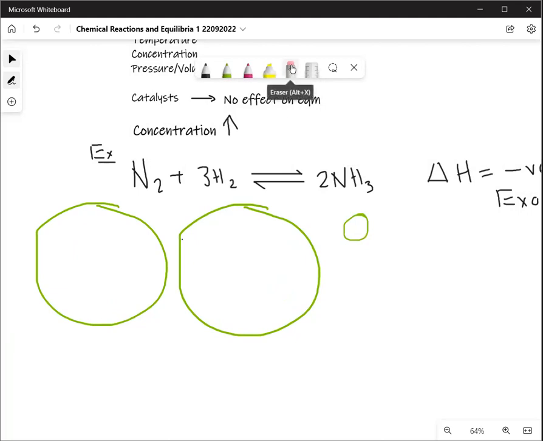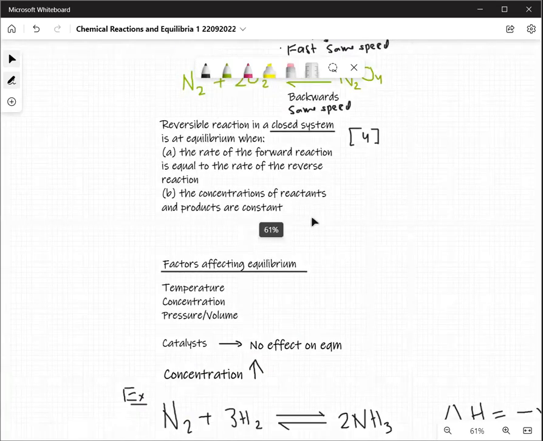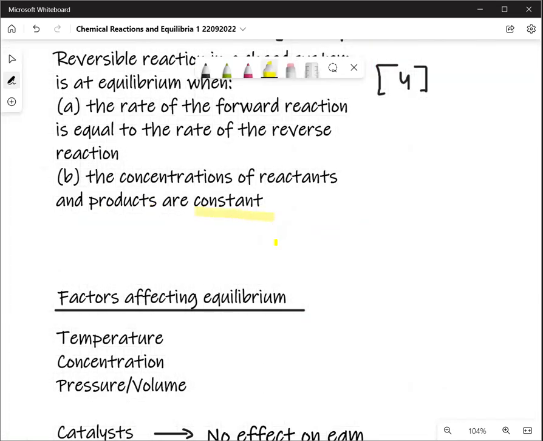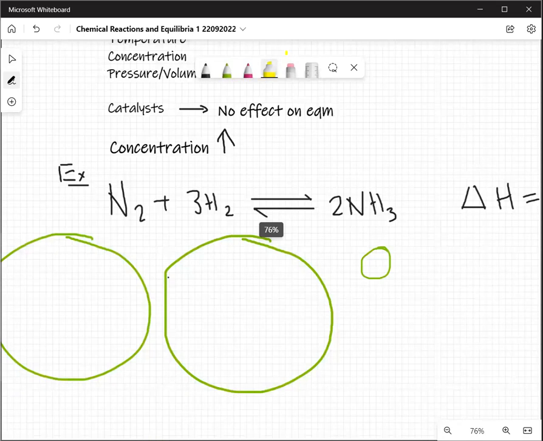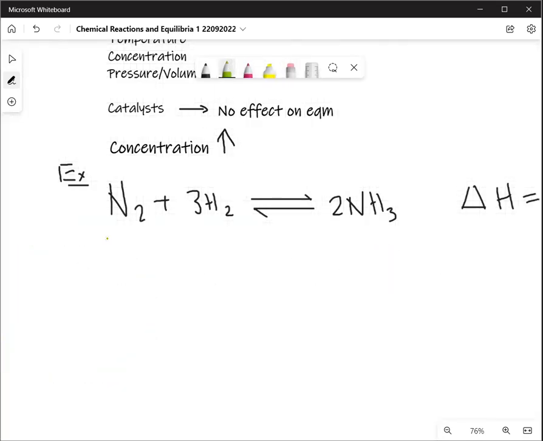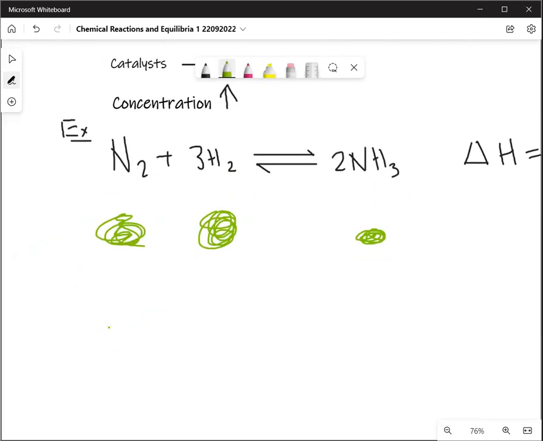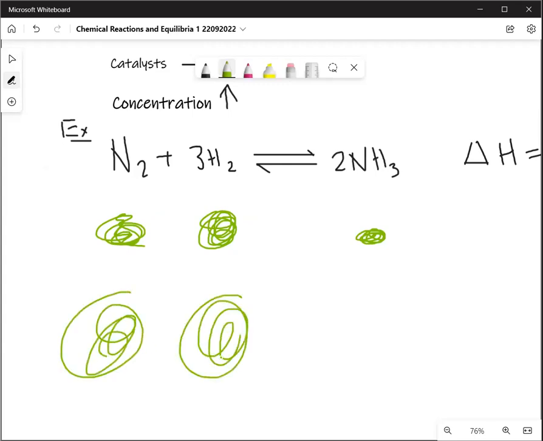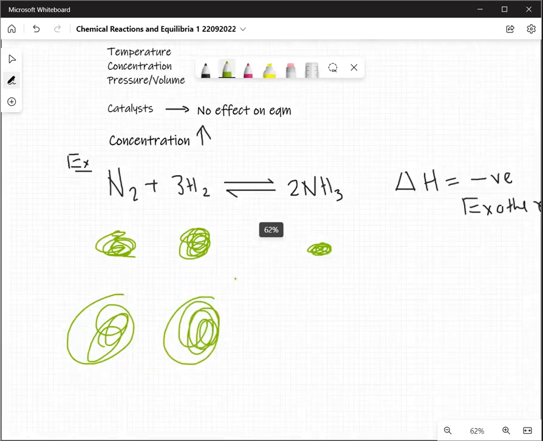What we know is that equilibrium is only there when the concentrations are constant. If I increase the concentration of nitrogen, at the beginning it was this much, hydrogen was this much, but now I make nitrogen this much, hydrogen this much, what will happen to the equilibrium?